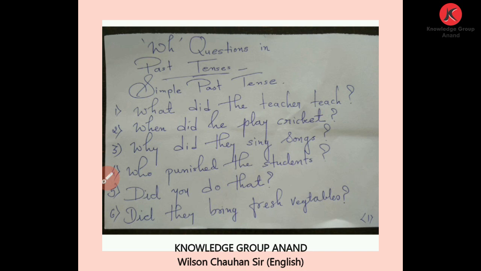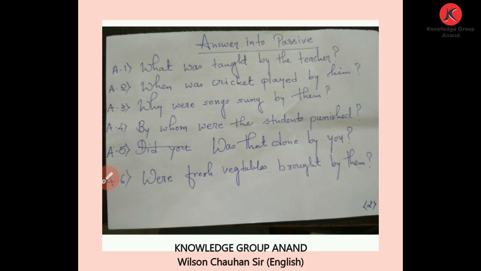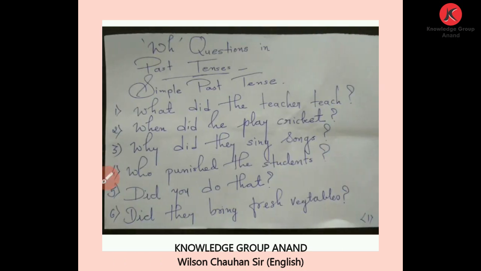In present tense it should go with are, and in past tense with were. Therefore, here it is simple past tense and we will write they were. So the third answer is: Why were songs sung by them? You see, Why did they sing songs? is the question, and Why were songs sung by them? is the answer.